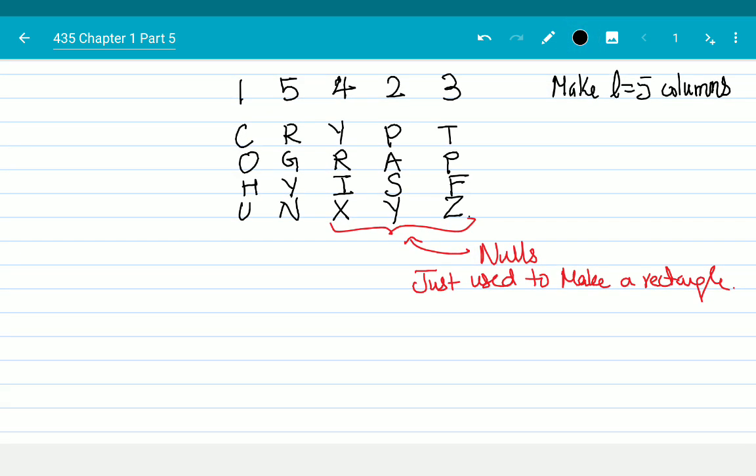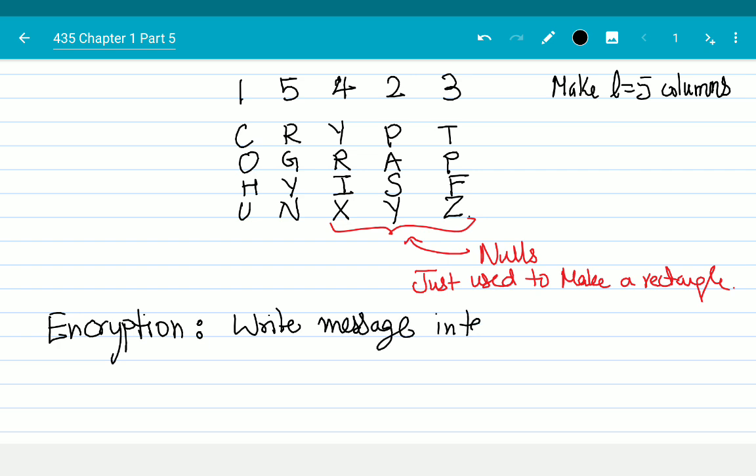Now the idea is you read off the columns. For encryption, write the message in terms of columns in numerical order.